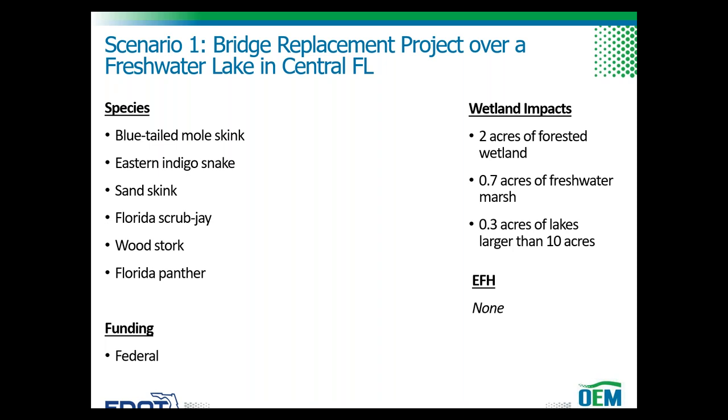We anticipate the following wetland impacts: 2 acres of forested wetland, 0.7 acres of freshwater marsh, and 0.3 acres of lakes larger than 10 acres. And no essential fish habitat is within the project area. Next, let's determine what effects we think the project is going to have on these species.